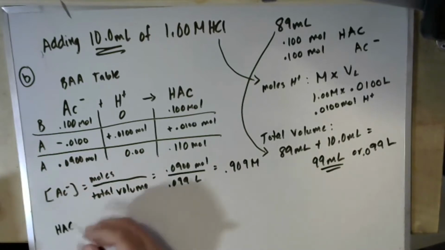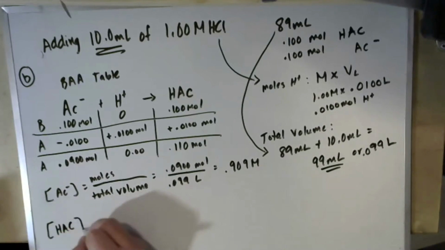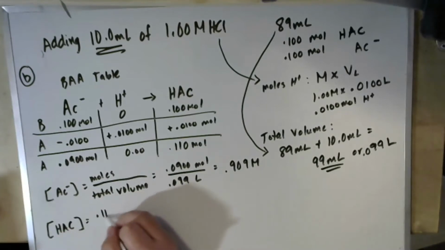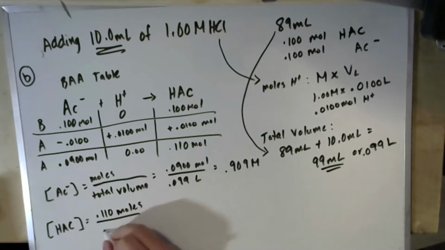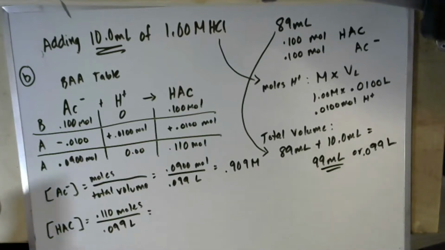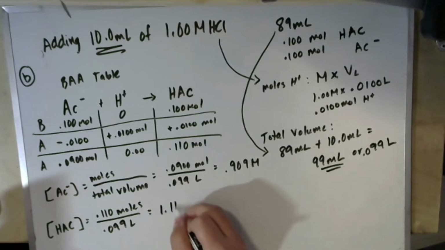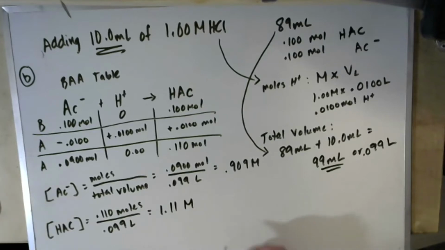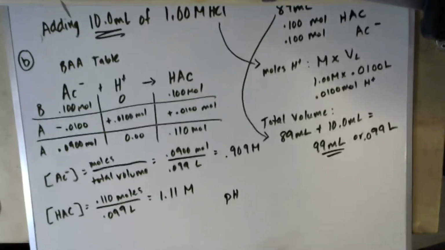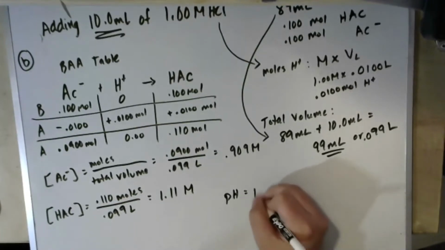And for my HAC, okay, so now I can find the pH. I'll just use the Henderson-Hasselbalch equation. It's a little bit faster.